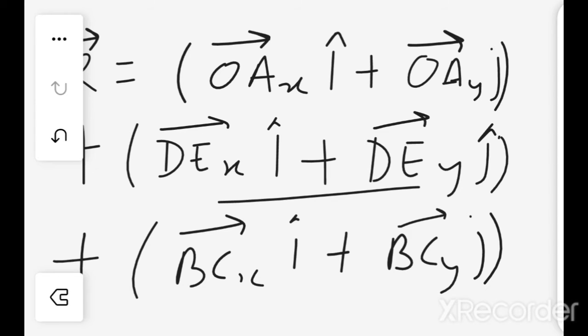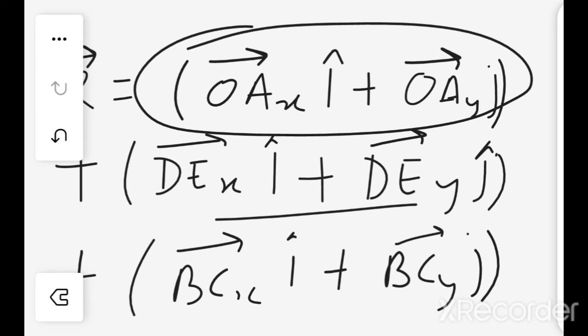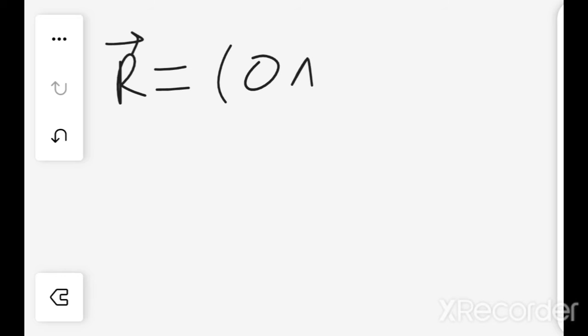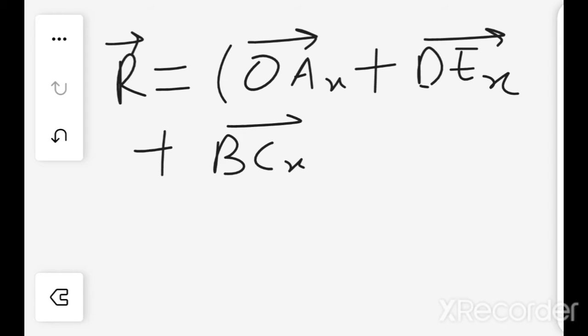This term represents vector OA. Then the x component of OA plus the x component of DE plus the x component of BC, the x components of all the vectors together.